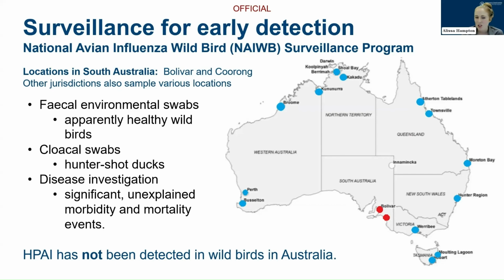We also collect samples directly from wild hunted ducks from the Coorong during the hunting season, and we investigate significant unexplained morbidity and mortality events in wild birds that are reported to us through members of the public, wildlife professionals, or you as vets as well. The other states do similar activities in their high-risk areas. To date, HPAI has not been found in Australian wild birds, which is where we differ from the rest of the world, but we'll talk about that in a little bit.